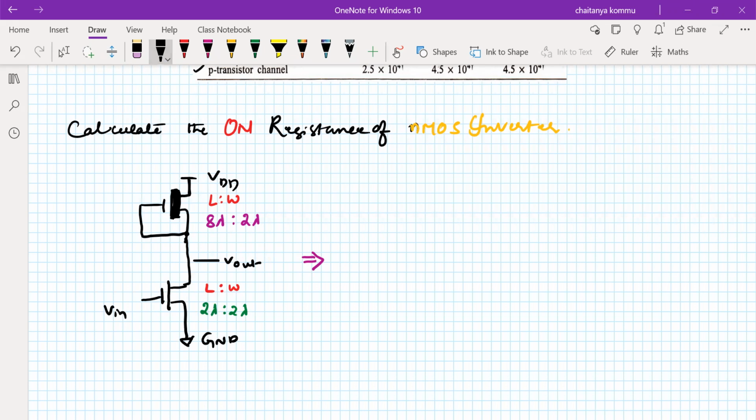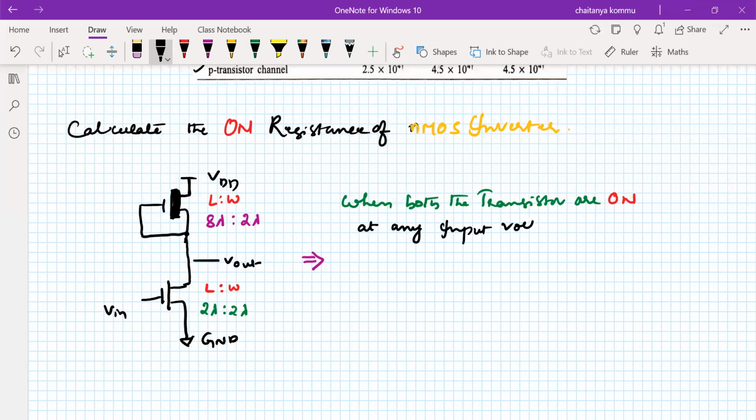So I'll write here: when both the transistors are on at any input voltage, is called on resistance.